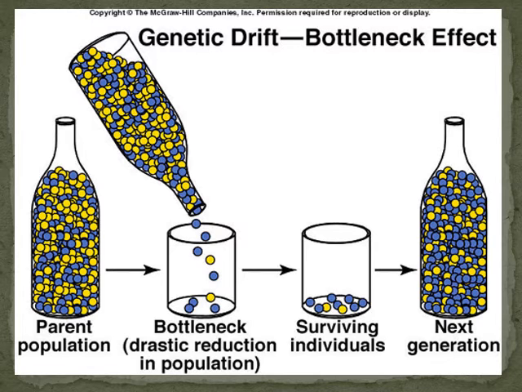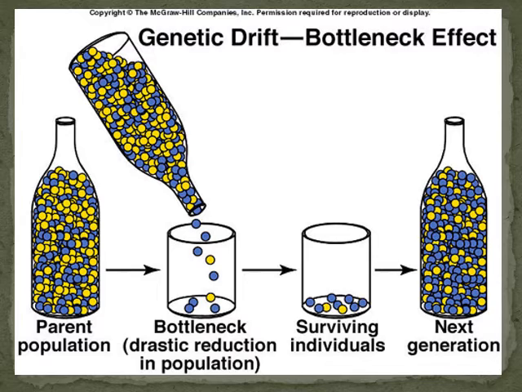So to further illustrate genetic drift, we're going to use this bottleneck effect explanation. And I'm going to use something like a tsunami as my natural disaster. So if we look at our parent population, you will notice that our organisms are yellow and blue, and they're somewhat of equal proportions to one another. It looks as though they're about the same amount.